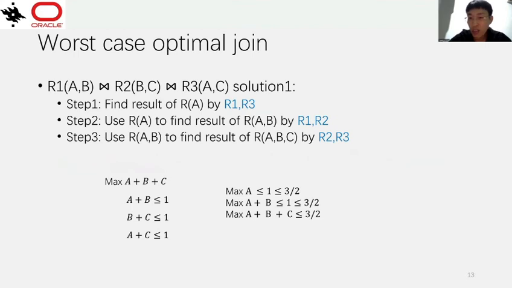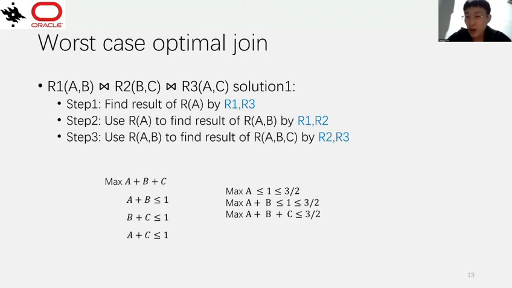So how are we going to do this example? We first compute the one-attribute results, then the results of 2 attributes, and then the results of all 3 attributes. For example, we can compute the result of A first, and then by this result and the original tables, we find the result of AB, and finally the result of ABC.